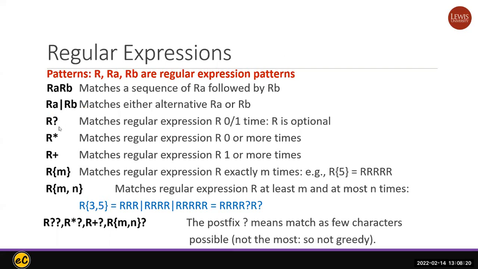R question mark means 0 or 1 time. R star means 0 or more times. R plus means 1 or more times. R{m} with curly braces means m times. R{m,n} means match it m to n times.